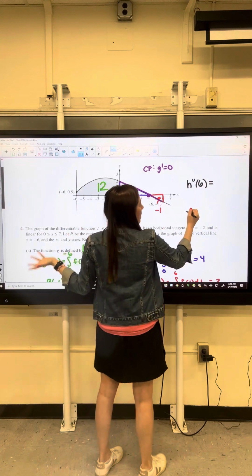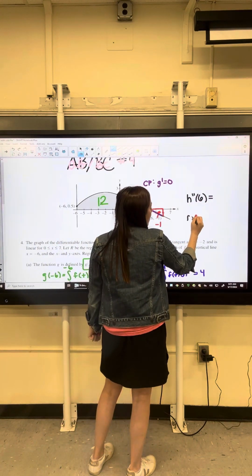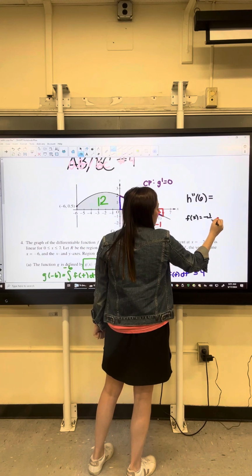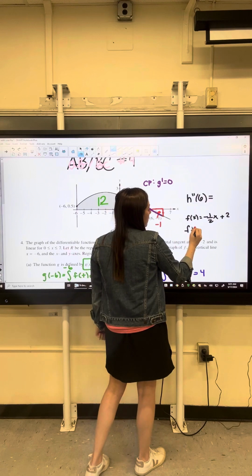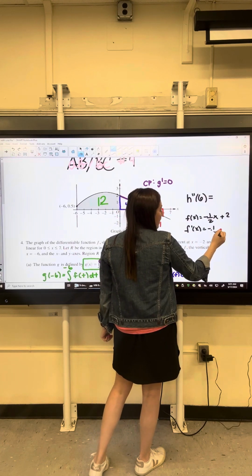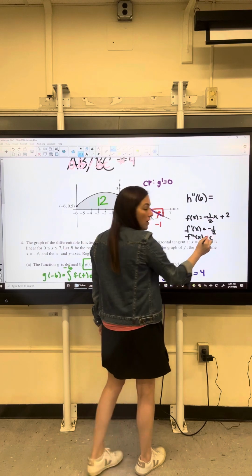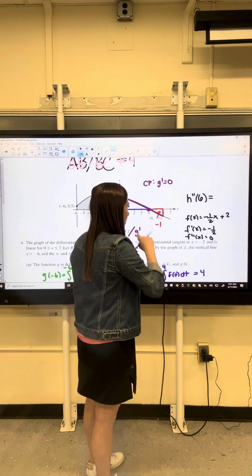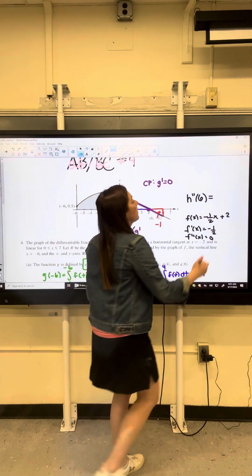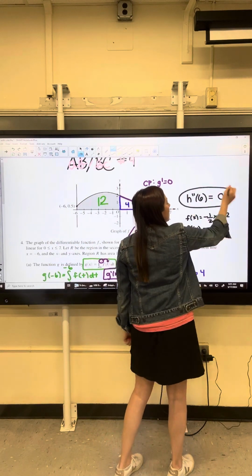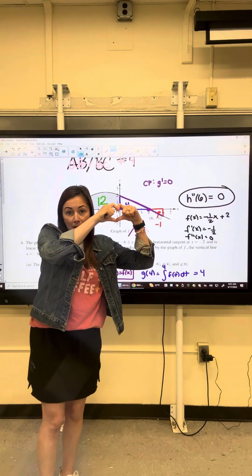Like if I had you derive this equation of a line right here, and I asked you to do the first derivative, it'd be negative 1/2. If I asked you to derive it again, you would get 0. You're going to use that same logic here. Because the first derivative is a constant, the second derivative, the derivative of a constant, is 0. I thought that was the hardest part of the question, but it is my favorite question.